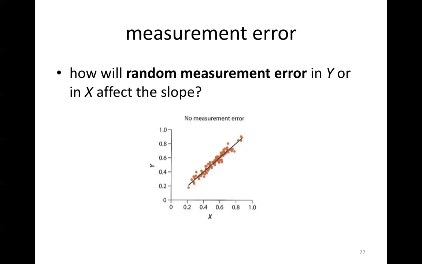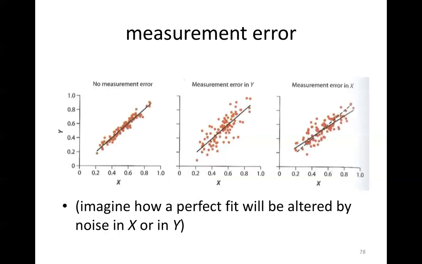You can try to imagine what could go on. So in general, of course, the higher the noise, the lower the power. So the significance of the relationship will become weaker. It will be more difficult to say there is a real, non-random relationship. But on top of that, depending on whether error is introduced in y or in x, the slope will change differently.